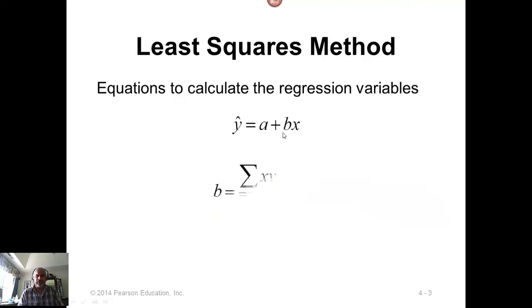So y hat equal to a plus bx is what we are after, and this is the formula for b, where we have sum of x times y minus n times x bar times y bar. Then in the denominator we have sum of x squared minus n times x bar squared. So we need to find the slope coefficient first, and then you plug that slope coefficient into this equation and we find a. Once we have a and b, then we can use it for predicting future forecast.